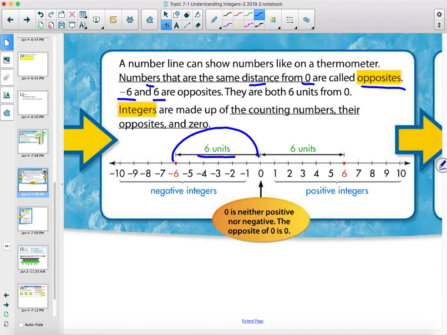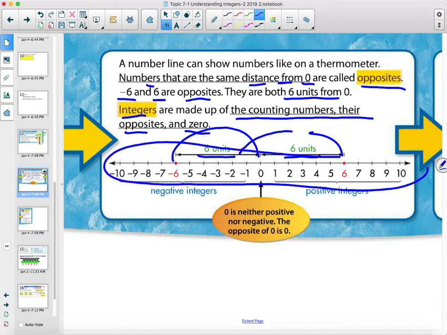The distance from positive 6 to 0 is 6 units. So that means they have the same distance from 0, and they are considered opposites. They both have 6 units from 0. Integers are made up of the counting numbers and their opposites and 0. So basically, you're talking about all the numbers on the number line. That's what we talk about when we talk about integers.